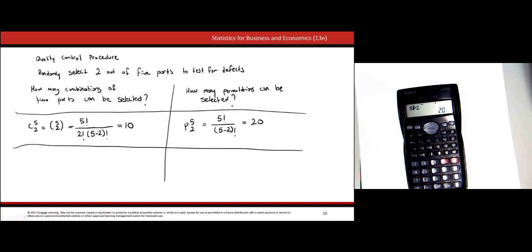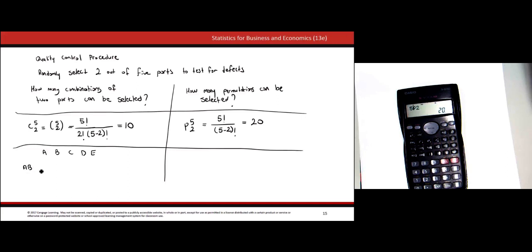Now assume those parts are labeled A. We have 5 parts: A, B, C, D, E. So we have 10 different ways to select 2 parts out of 5. Order doesn't matter. Then what are those outcomes?